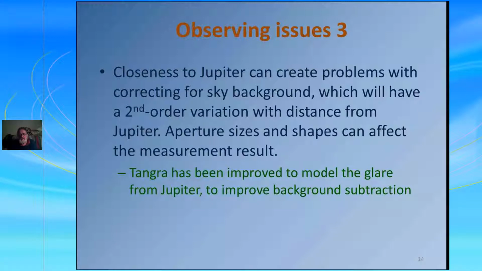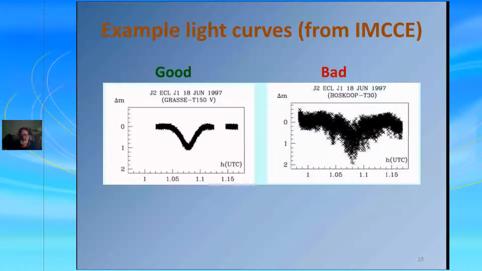Yeah, I picked up some example light curves. These are real light curves showing the good and the bad. And they're light curves which IMCCE has published in some of their literature about observing these events. The left-hand one is a good one. It's observed in 1997.